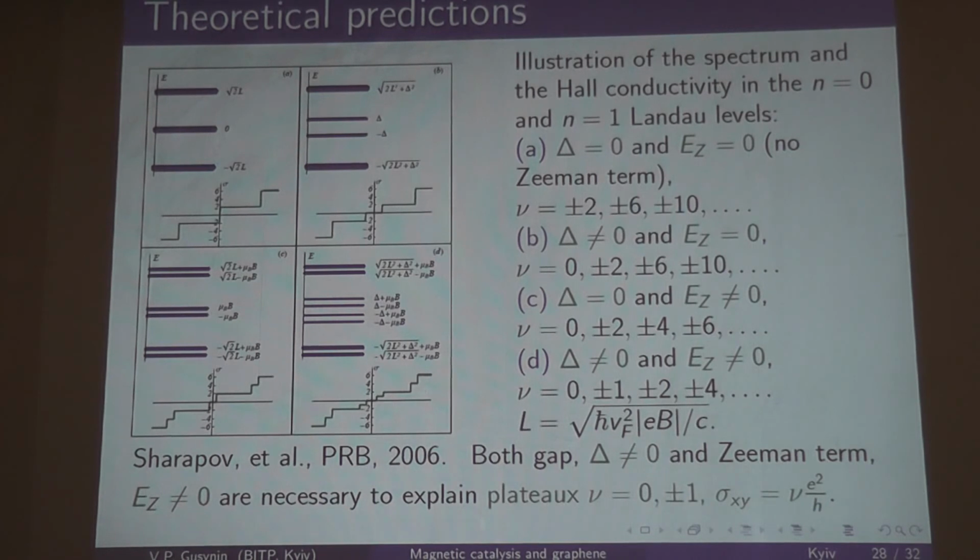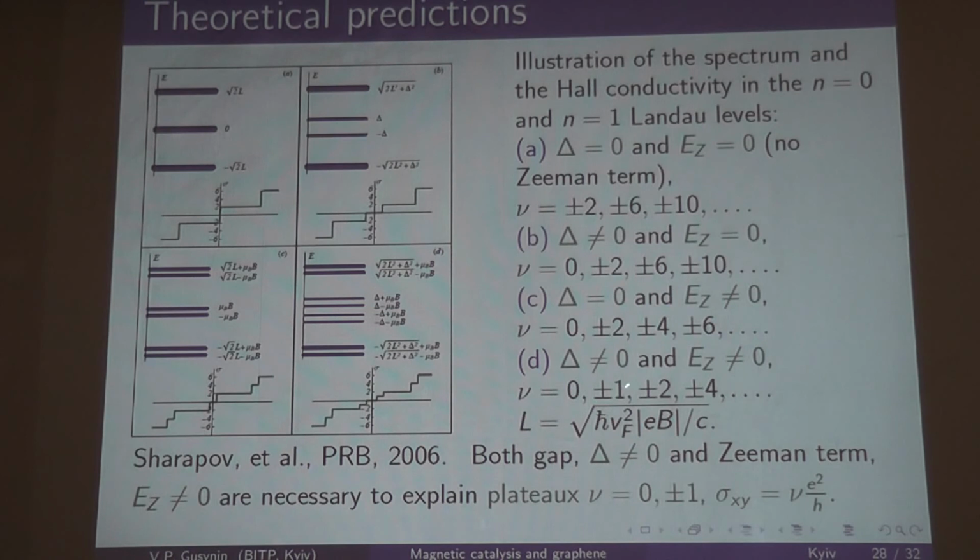Proceeding further, when we have only the Zeeman field without a gap, all levels are split in spin. You have such a filling. And the last situation, when we have both Zeeman field and gap, you get such fillings.